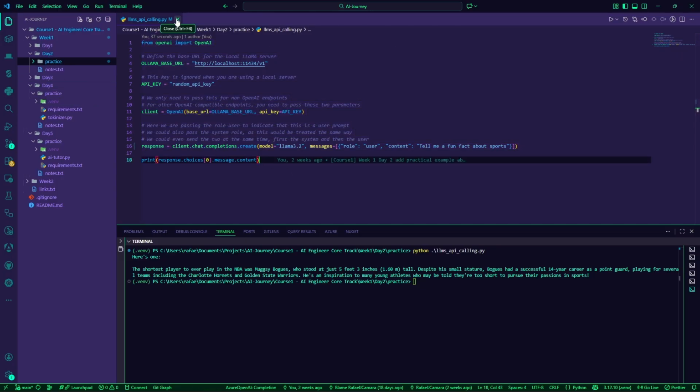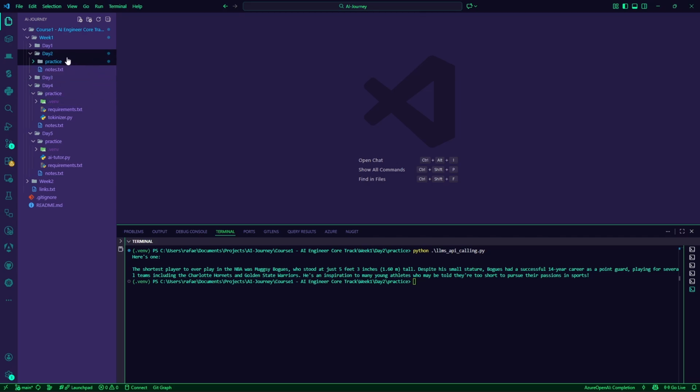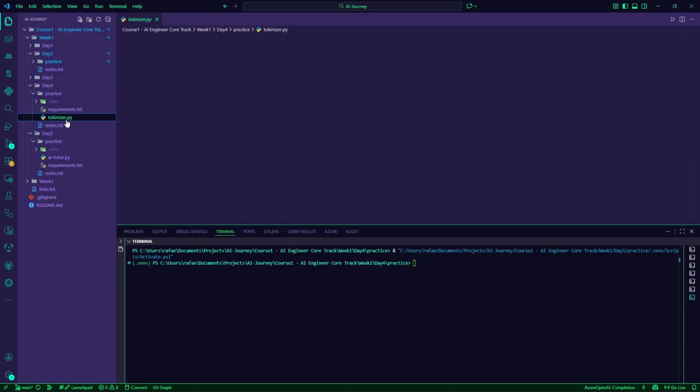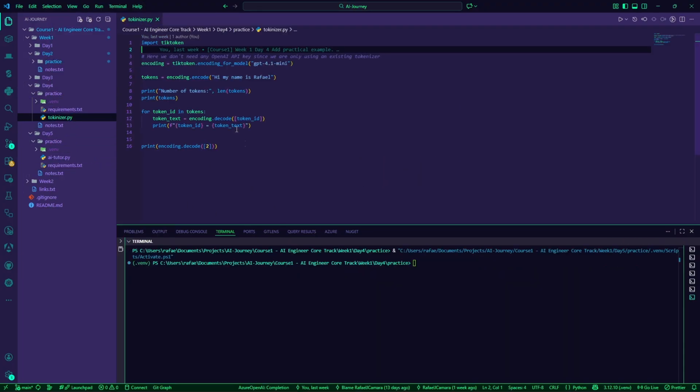So another example we did was on day 4. Let me open this on the terminal. And what we did was a script to understand encoding, okay?